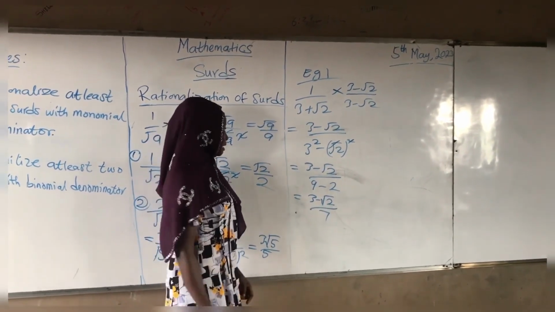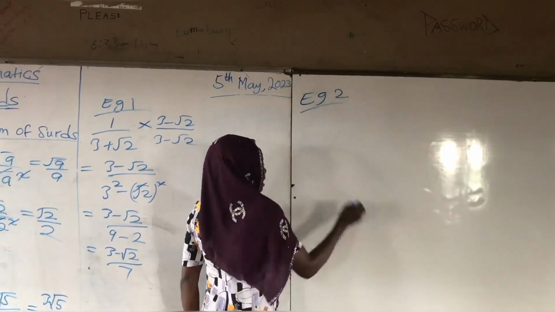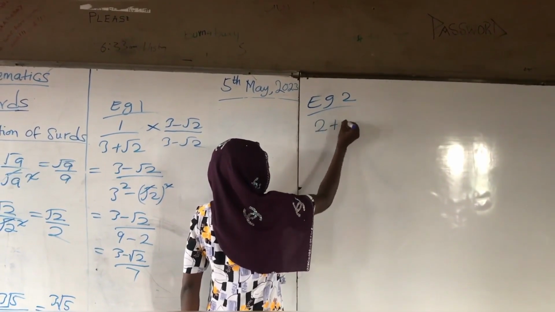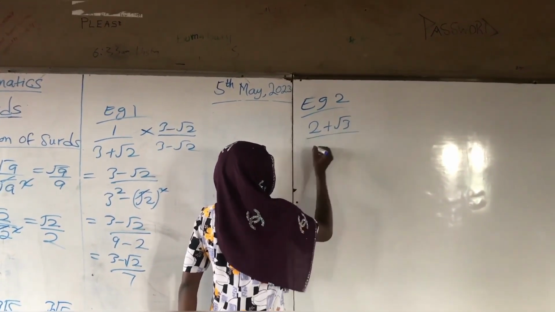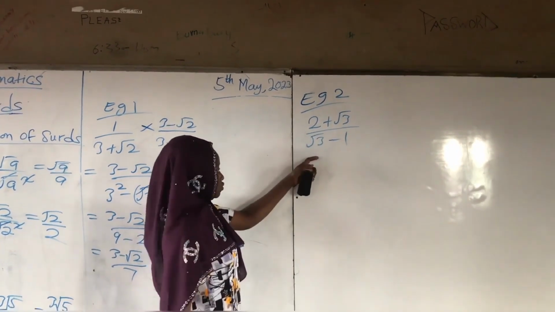So let's take another example. Example 2, let's say (2 + √3) all over (√3 − 1). We are going to rationalize this one.